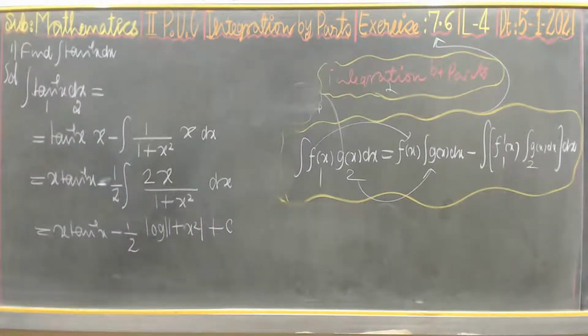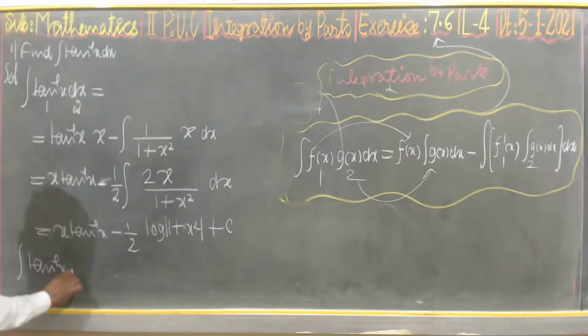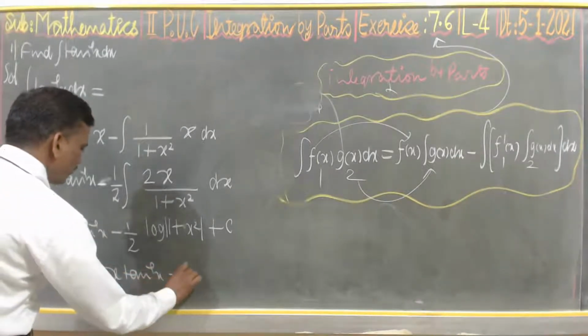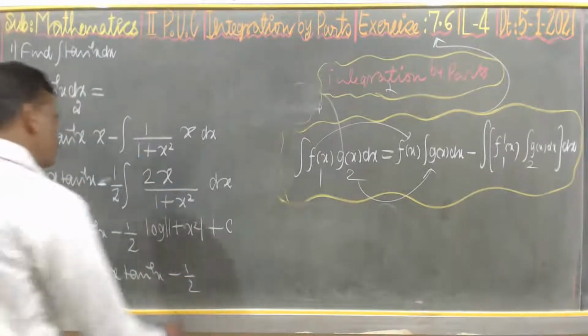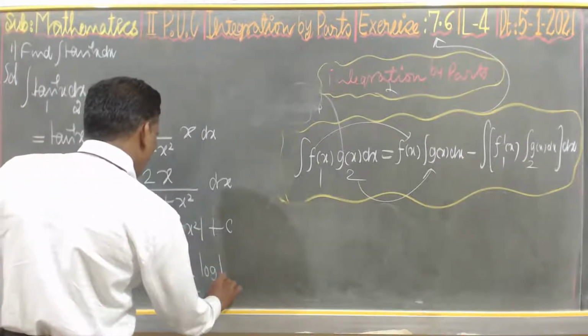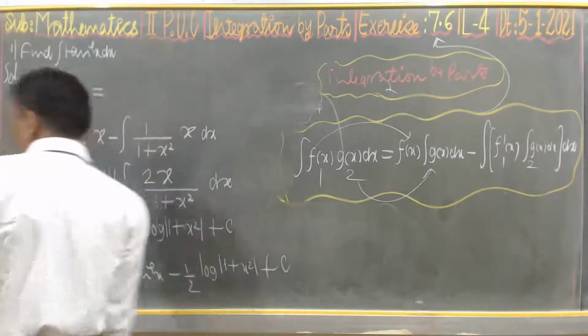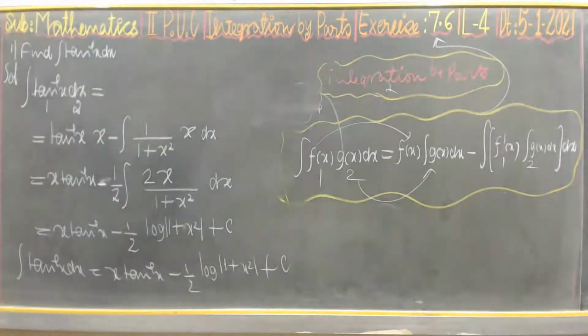So therefore, the answer we can conclude is that the integration of tan inverse x dx is equal to x tan inverse x minus 1 by 2 log of 1 plus x square plus c, which will be the finalized answer.